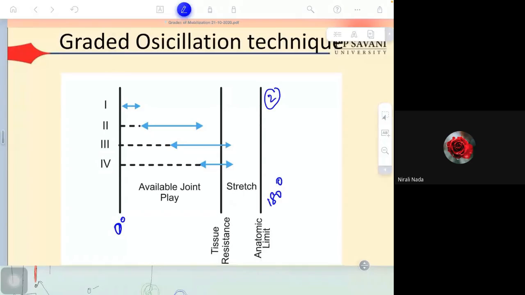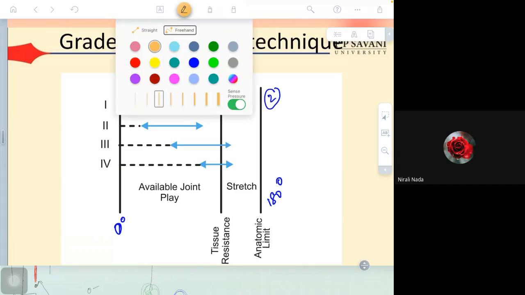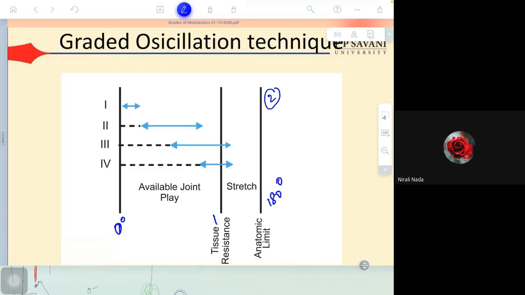And this third line is easy to identify. Clear? If the third line is somewhere here, it means 90 degree. Just for explanation I am giving these degrees, it's not fixed. If it were 90 degrees the line would be in the center, but the line is not in the center, so it may be 100 or 120, something like that.